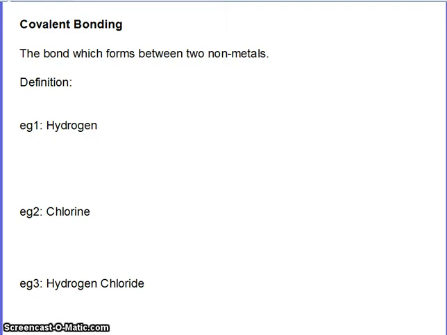And hopefully you already know that a covalent bond exists between the atoms of two non-metals. And it's formed when you share a pair of electrons between the atoms of these two non-metals. And this pair of electrons is attracted to the two nuclei, in other words the nucleus of each of the two atoms there.